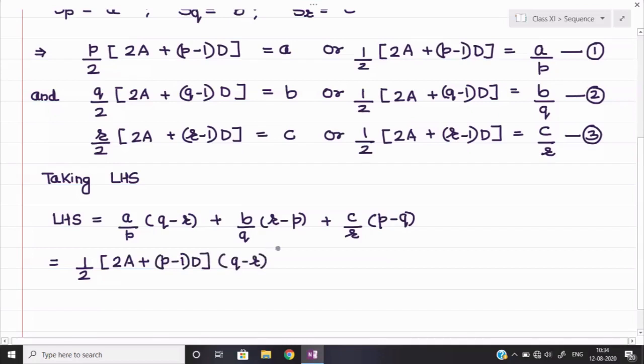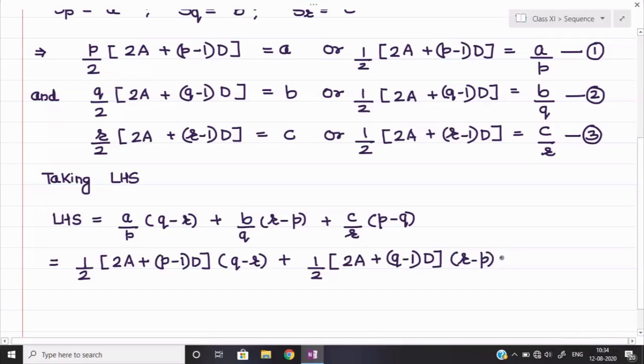Similarly, now I will put in the value of b upon q, which is 1 upon 2 into the bracket 2A plus q minus 1 into D, along with r minus p.